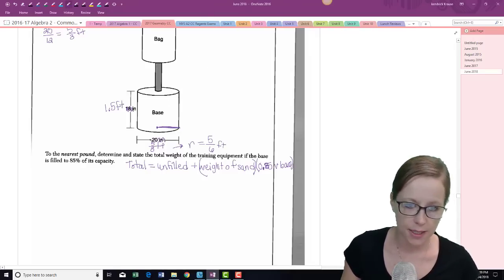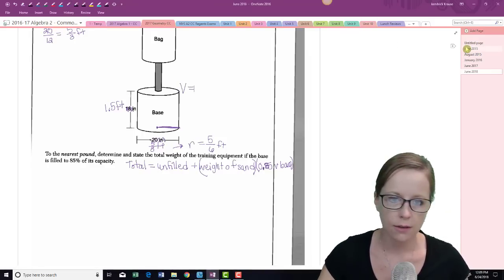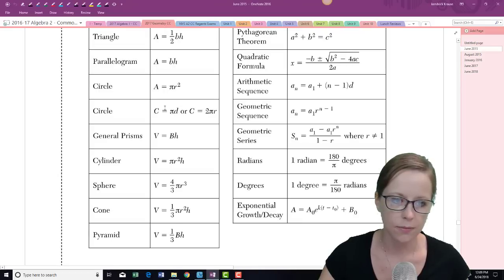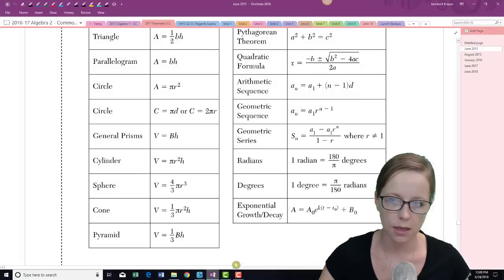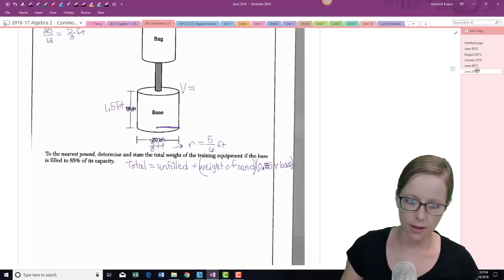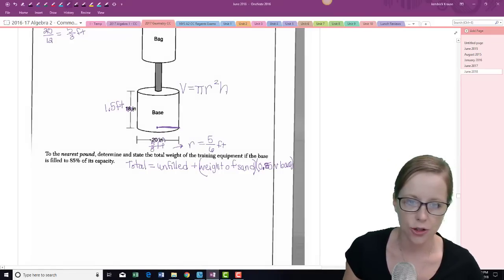So the volume of this base, volume of a cylinder. Again, we need our formula sheet, right? Volume of a cylinder is pi r squared h. So go back here. Volume of a cylinder is pi r squared h.